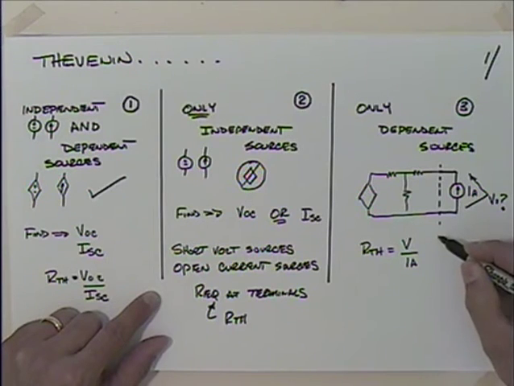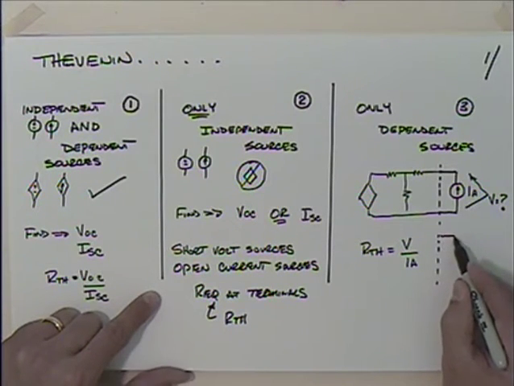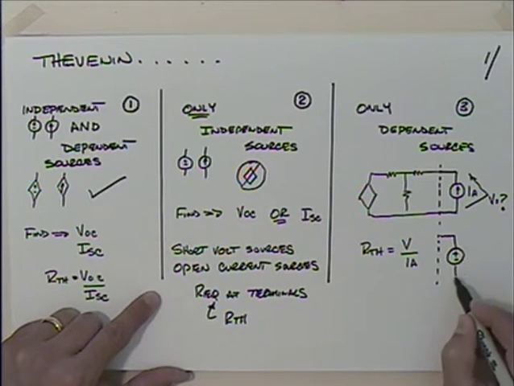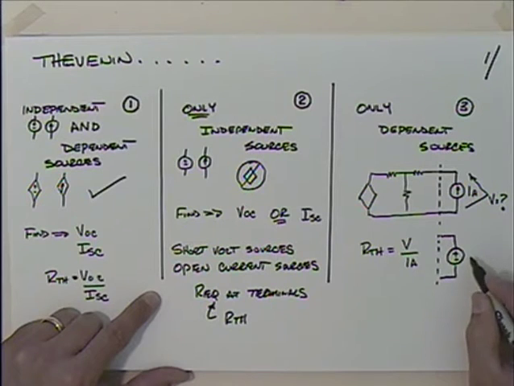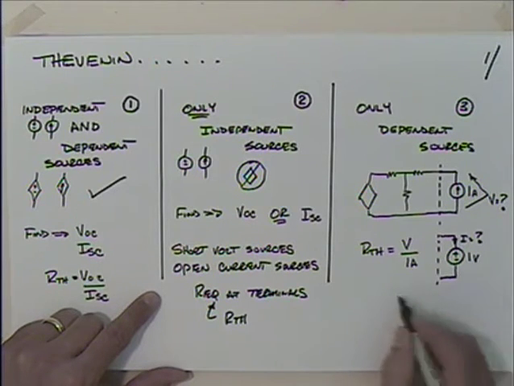Or if you wanted to, you could also put a voltage source across there and find the current through it. So find this current. We could say that this is 1 volt. There's nothing sacred about 1 amp or 1 volt. Use whatever you want. You could use milliamps or something like that, but you usually just want to pick a value that's easy to work with. 1's pretty easy to work with.